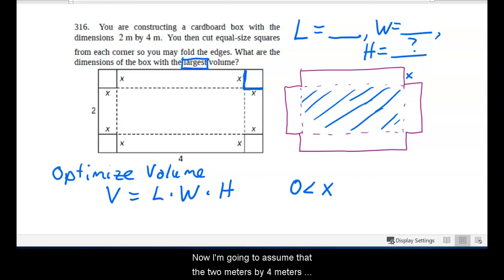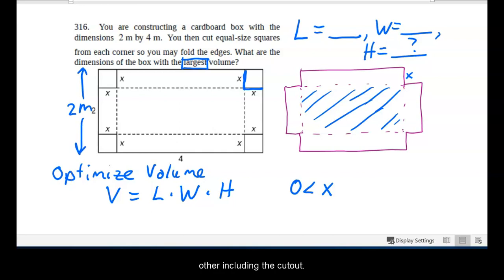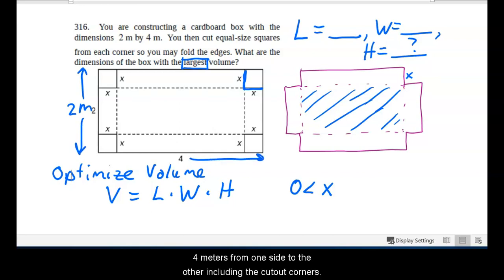Now I'm going to assume that the 2 meters by 4 meters refers to the flat piece of cardboard that I'm using to create the box, that it is the original that is 2 meters by 4 meters. That means this is 2 meters from one end to the other, including the cutout x's, and 4 meters from one side to the other, including the cutout corners.